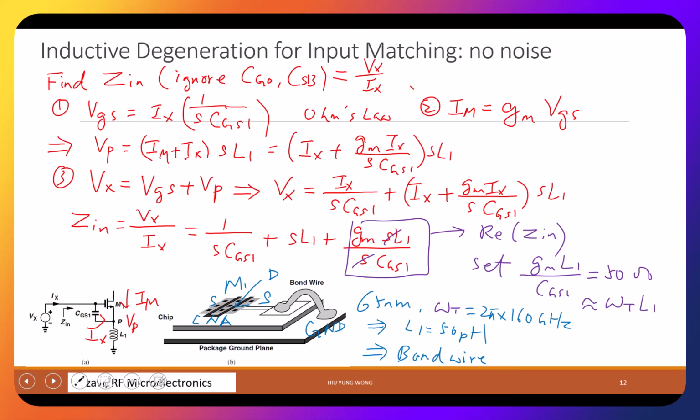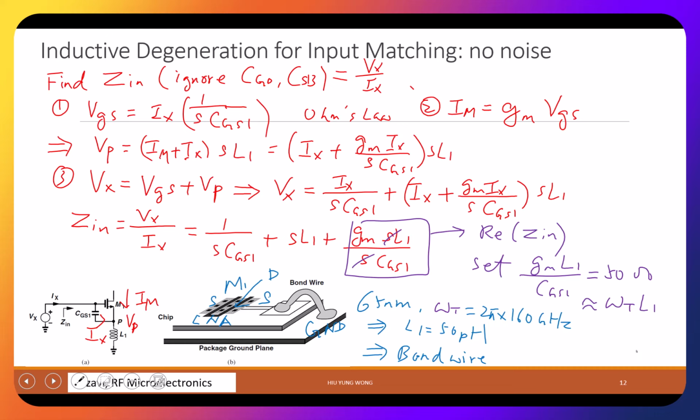Then we need to change our mind, because we always think that, hey, an inductor is imaginary. How can you use it to match 50 ohm? It's just the whole circuit: you put it together and you will have a real part. And that real part depends on your inductance, which is omega T times L1.